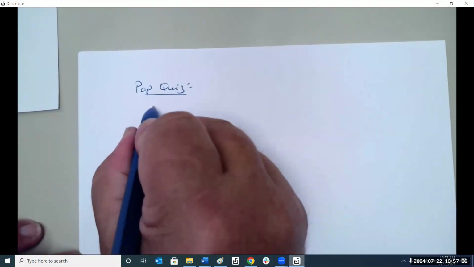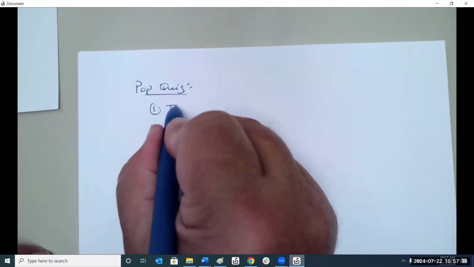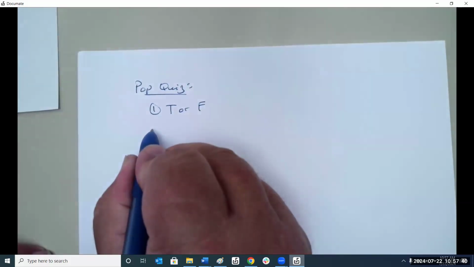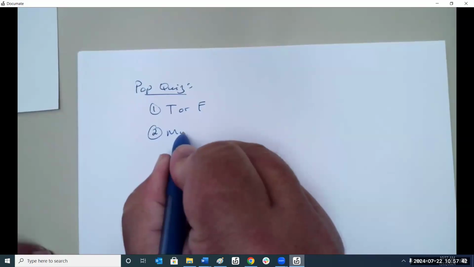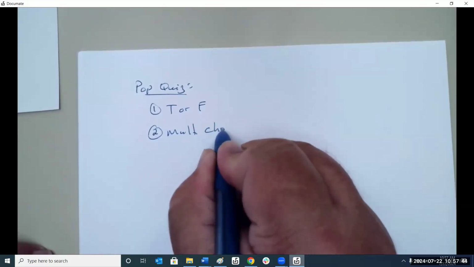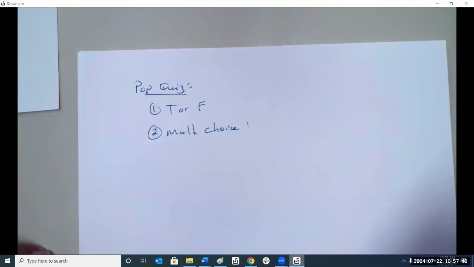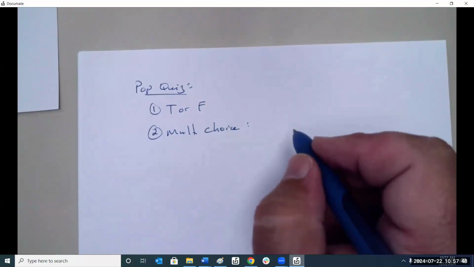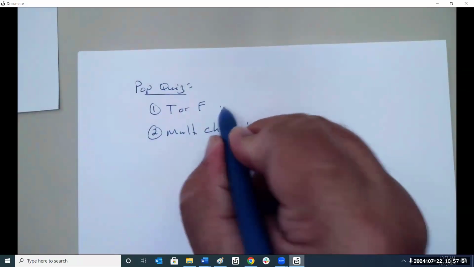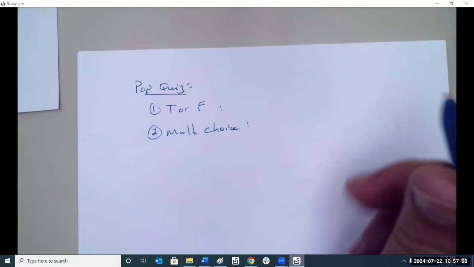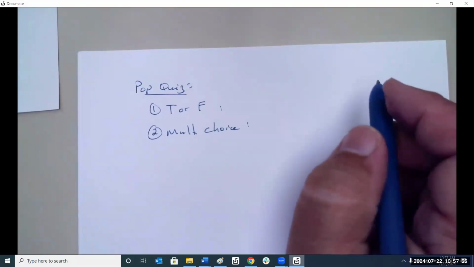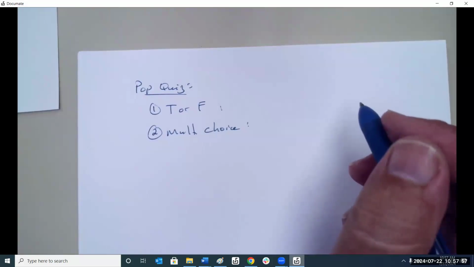Two questions. The first question is a true or false question, and the second is a multiple choice question. So the true and false question was, a pound of feathers is heavier than a pound of gold. True or false?